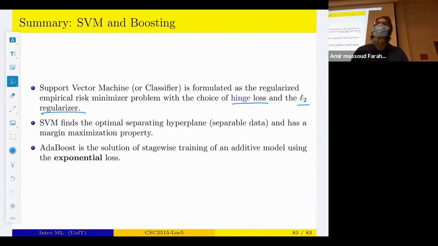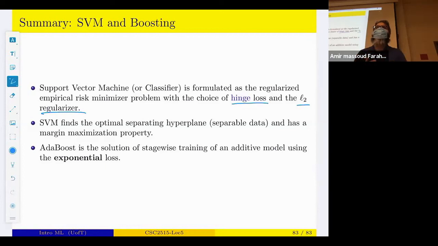So then we had this issue: this is a linear classifier. What should we do if we want more expressive classifiers? Then we talked about the concept of kernel-based methods, which essentially says that we use a feature mapping.